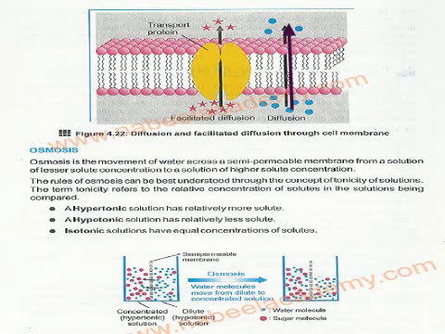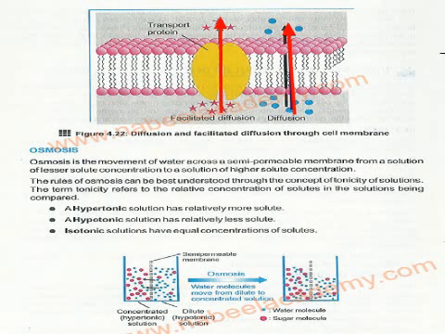In case of diffusion it does not need any carrier proteins, but in case of facilitated diffusion it needs transport proteins. With their help, some molecules can go outside. Why? Because of the charge and the size: their size can be bigger and their charge is different.